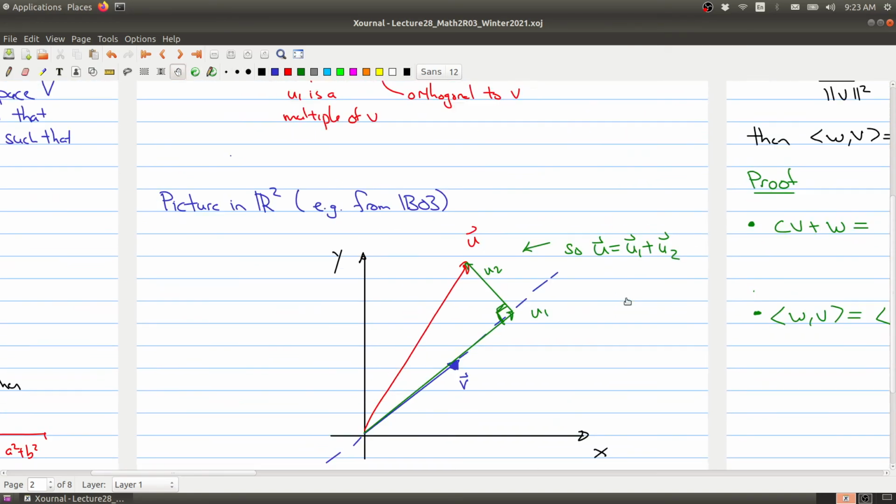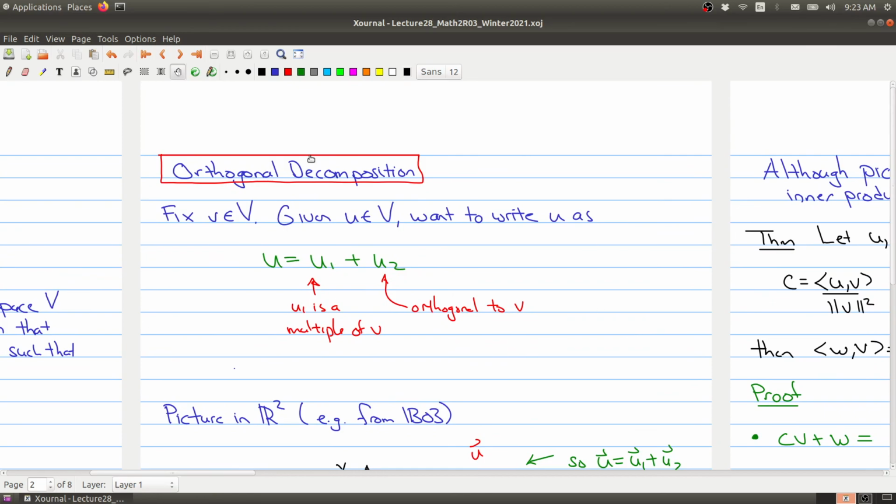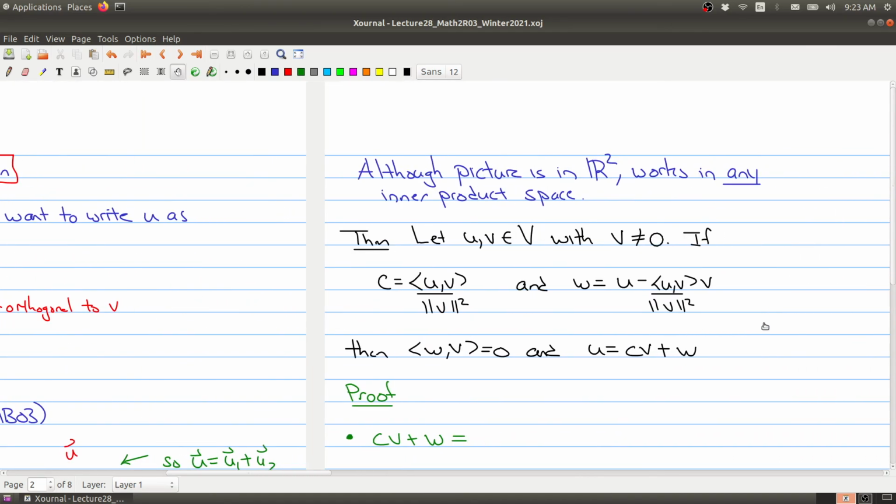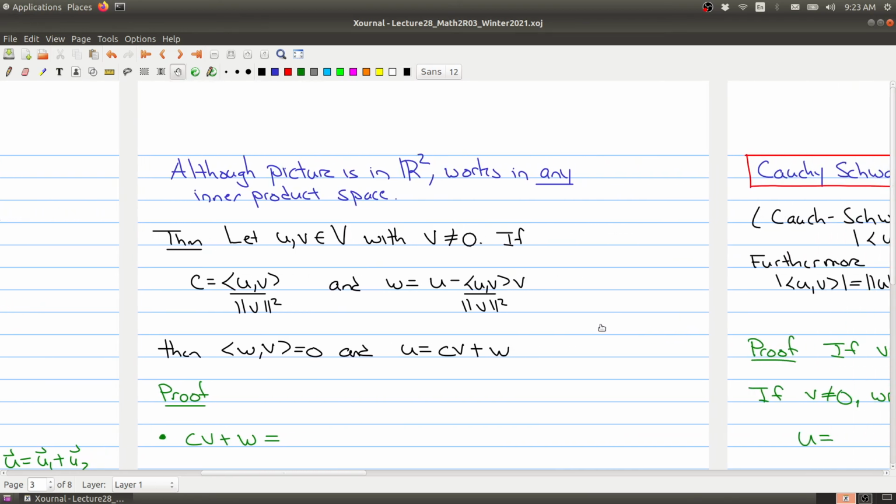This is what we want to generalize, this orthogonal decomposition. As I said, although the picture is in R2, it actually works in any inner product space. So you can fix a vector v, and given any vector u, you can write it as a multiple of the first vector plus something that's orthogonal to that vector. We'll pause here, and then we'll give a proof of that particular statement in the next part.